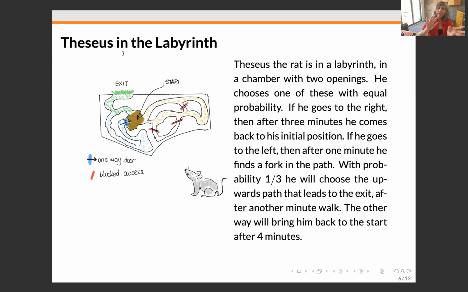With probability 1/3 he goes upwards towards the exit. After 1 minute, he finds the exit. So done. But with probability 2/3, he chooses the downward path, the one I drew in blue, and this one brings him back to the original chamber. So that's the way that Theseus the rat is going to be walking around the labyrinth.